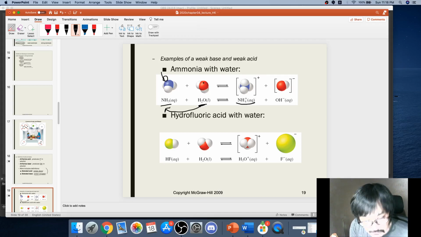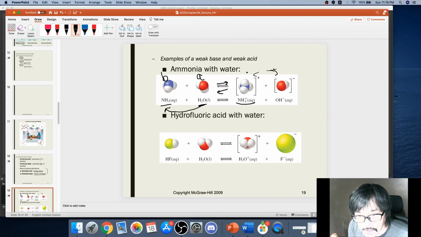And H2O gives off the hydrogen, or the H plus, so that's going to be the acid. And if you notice, the reaction is going not only this way, but it's also coming back. So if I look at the reverse direction, NH4 plus is going to give off H plus to OH minus to become NH3, right?